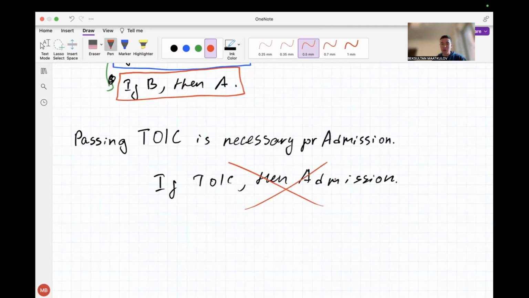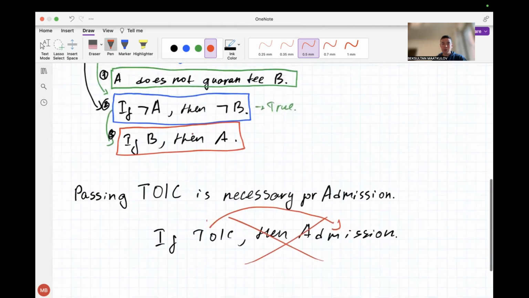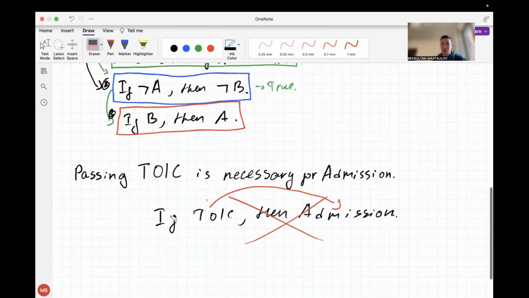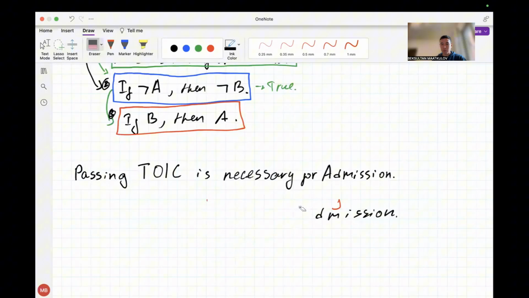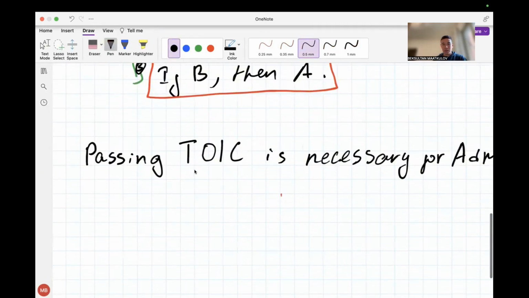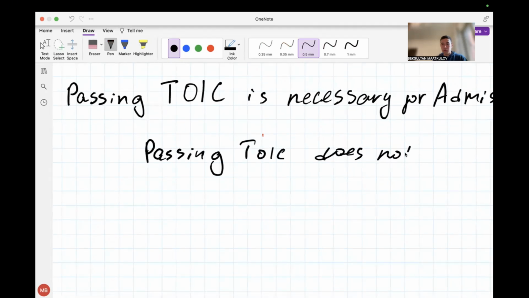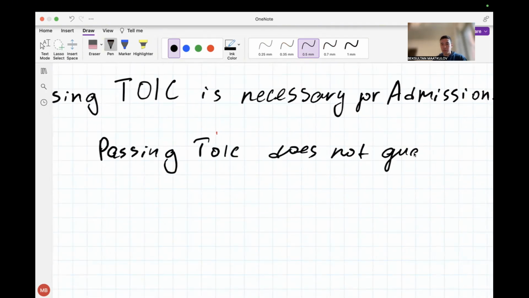We'll go to this later. But basically it says, if you have TOLC, then for sure you will get admitted, right? But we know for sure that A does not guarantee B. That's why passing TOLC does not guarantee admission. That's why you write passing TOLC does not guarantee.